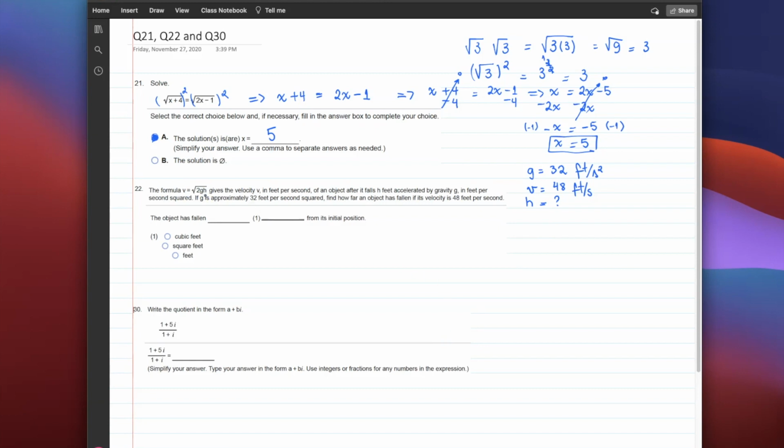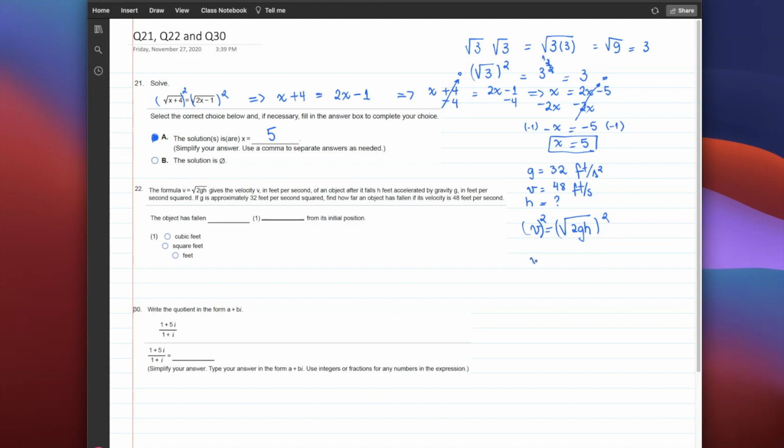I can first manipulate this formula, a literal formula, to isolate h, because it's h that I want. So I start with the formula v equals the square root of 2gh. If I square both sides, I get rid of the root, right?